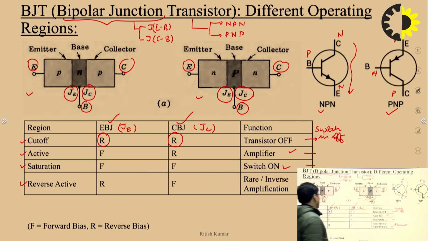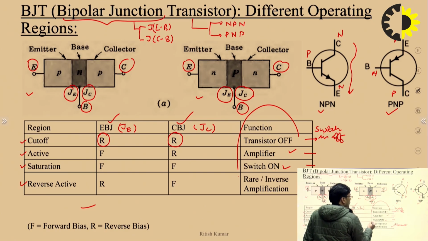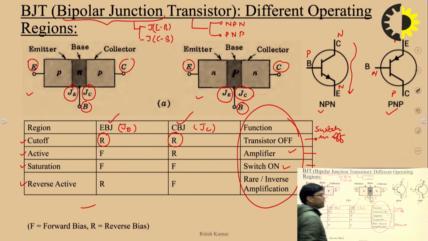So these are the different applications of the transistor for different operating regions. So a transistor can act as a switch, as an amplifier, or as an attenuator as well.